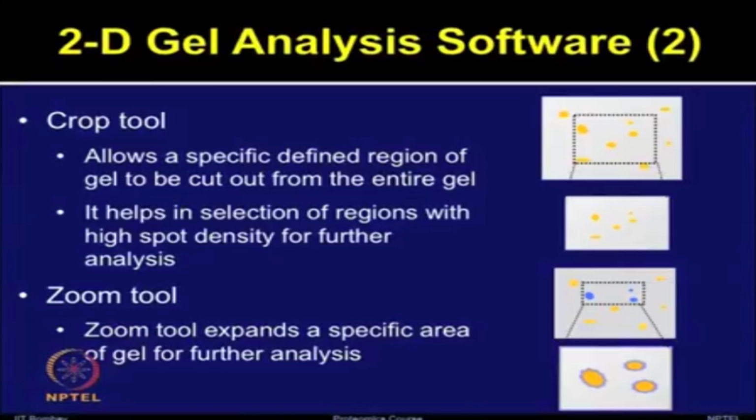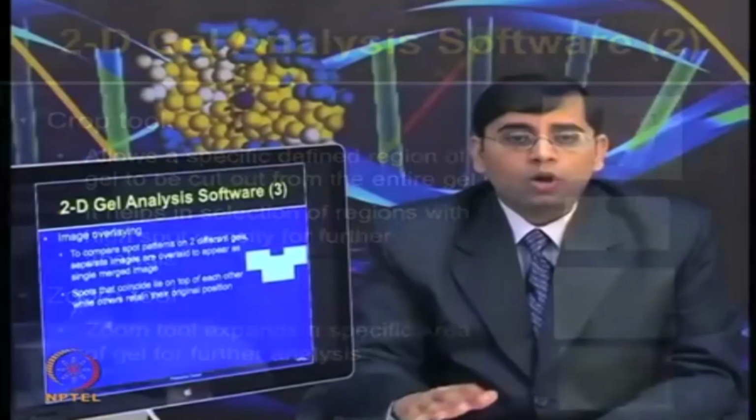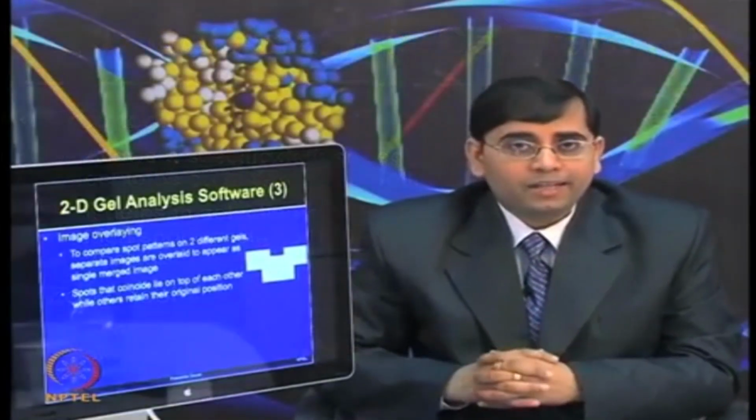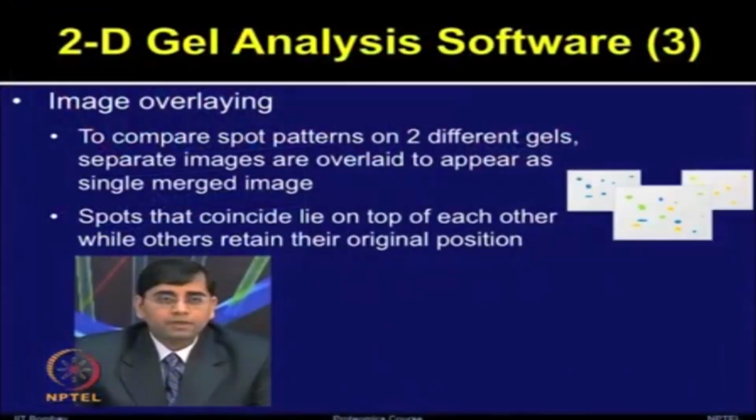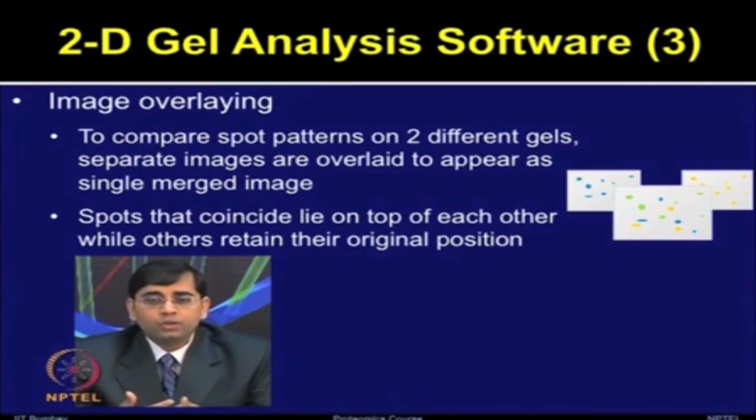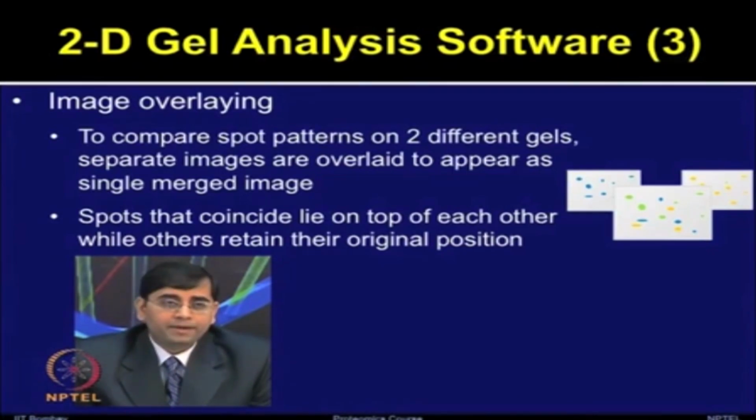Next, you would like to see your spots in more detail. So, you would like to use the zoom tool, which can expand a specific area of the gel for further analysis. Now, image overlaying is a very important aspect, because if you are comparing two gels, on one you have control, on the other you have treatment, you would like to overlay those images together to compare the spot patterns present on two different gels, because you have acquired two separate images.